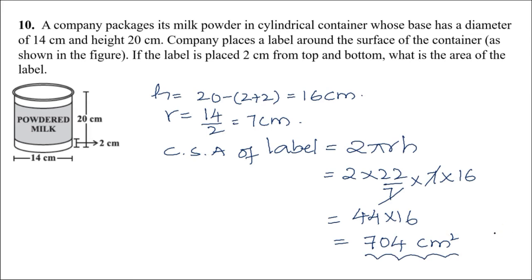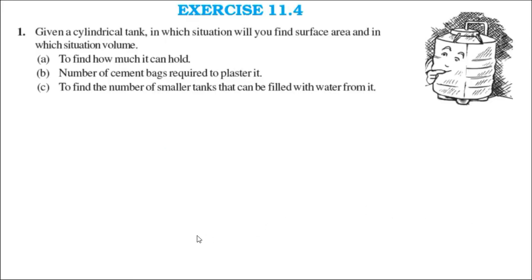With this, we have completed the exercise. Now we shall move on to the next exercise, which is related to volume. Question 1. A cylindrical tank: in which situation will you find the surface area and in which situation will you find the volume?